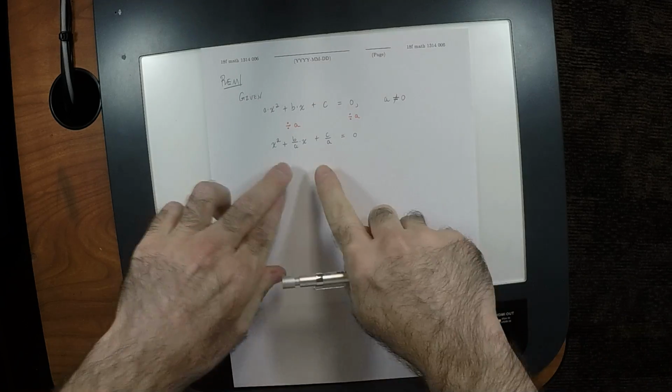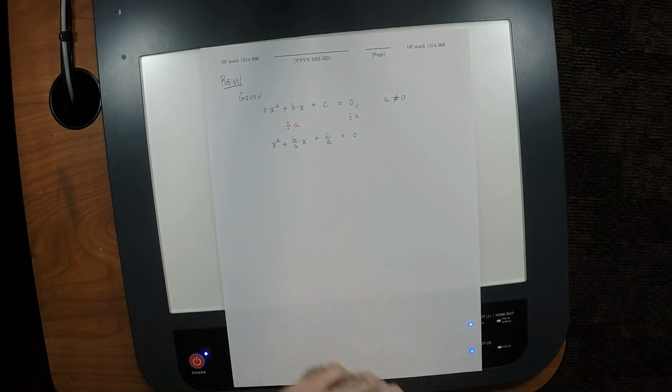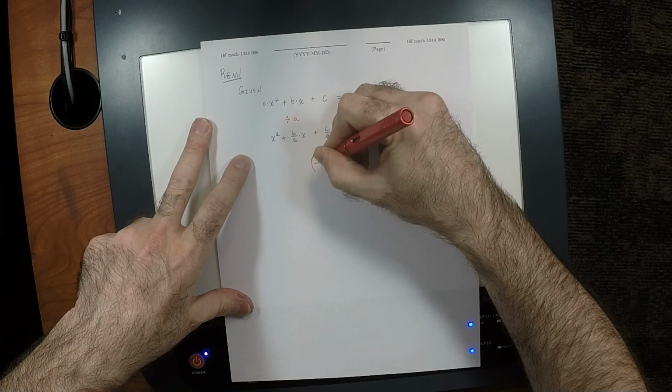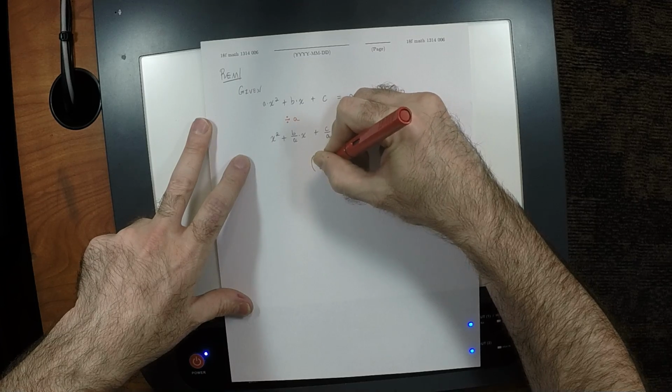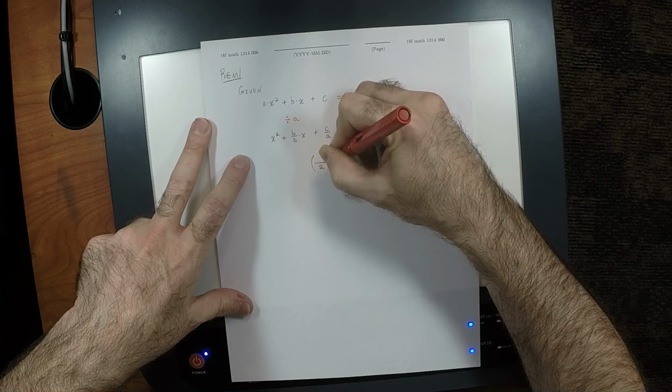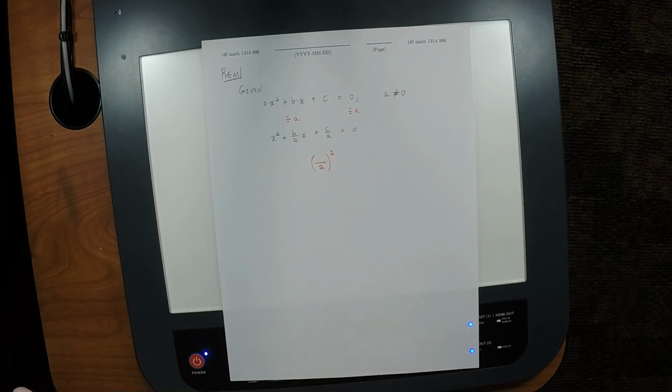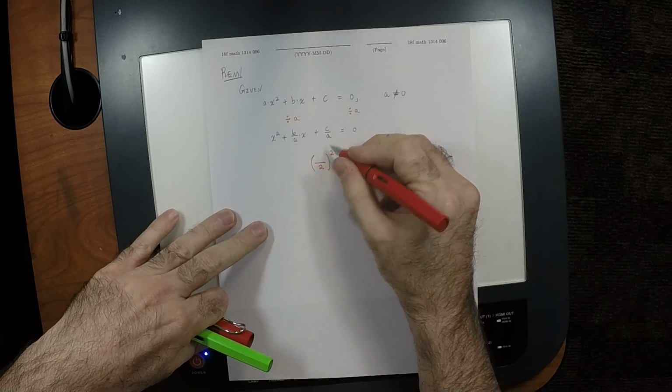So now this is the place where we add and subtract the same amount. Specifically, the thing we want to add and subtract is going to be this, right? And then what do I put in there? I'm going to ignore this part for a second.